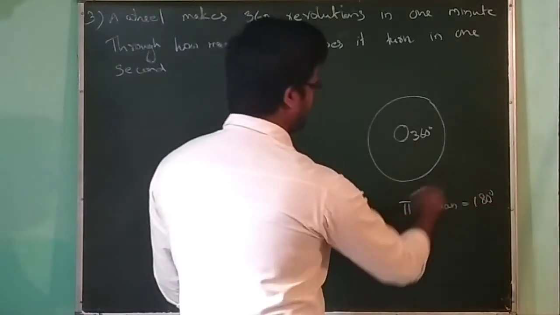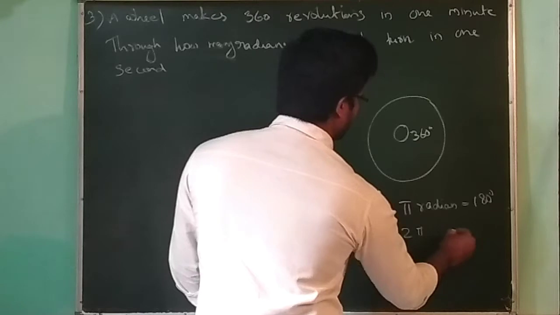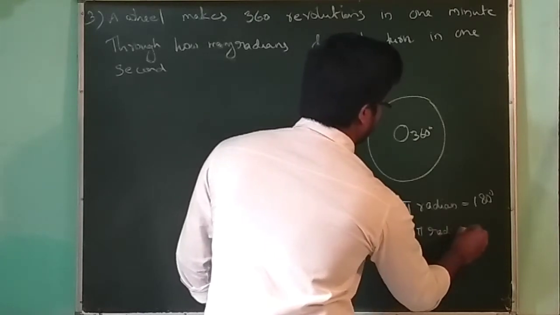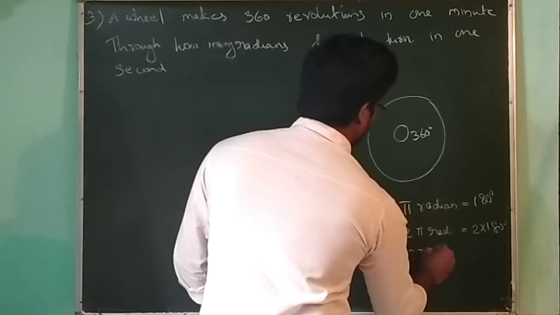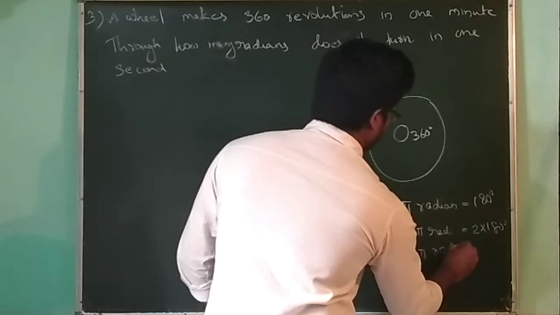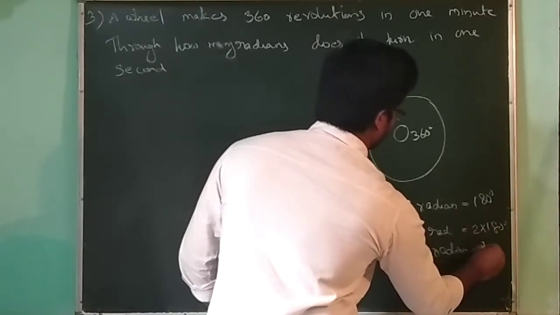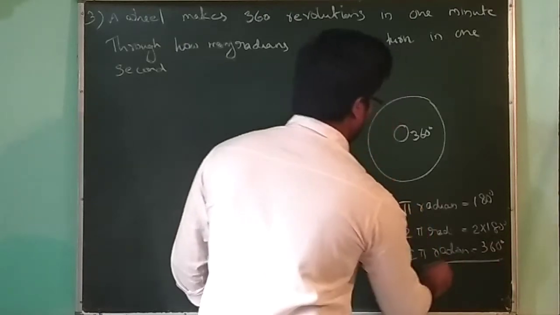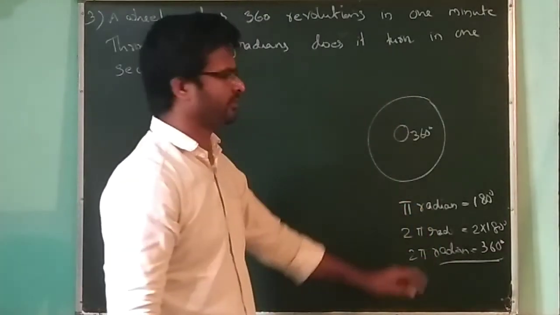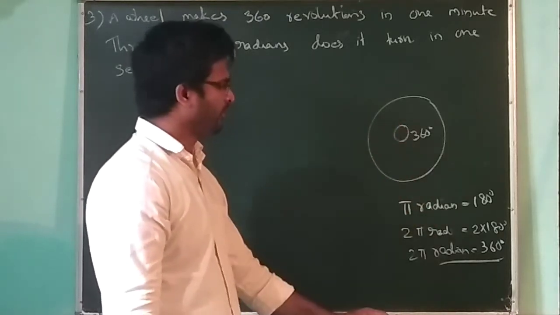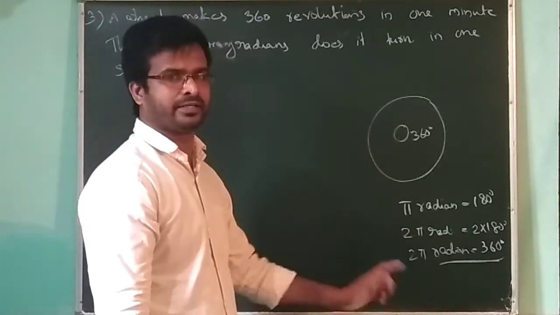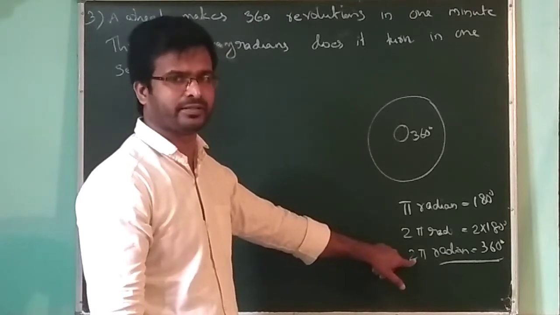Then just multiply both sides by 2: 2 pi radian equal to 2 into 180, 360. That means 360 degree means 2 pi radian. Then what is the total angle of a circle in radians? What will you get? 2 pi, isn't it?